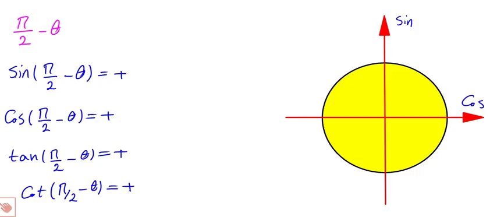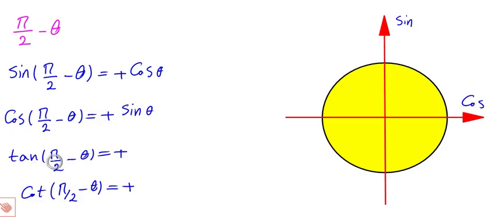And so sine of pi over 2 minus theta is equal to positive cosine of theta, because pi over 2 and 3 pi over 2 act like acid. They change everything. So cosine of pi over 2 minus theta is equal to positive sine theta.